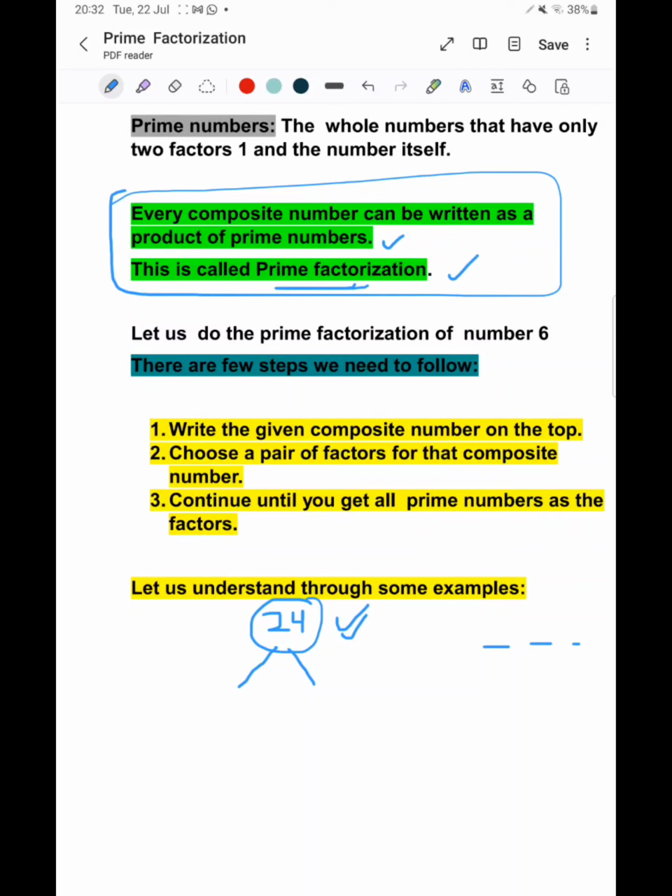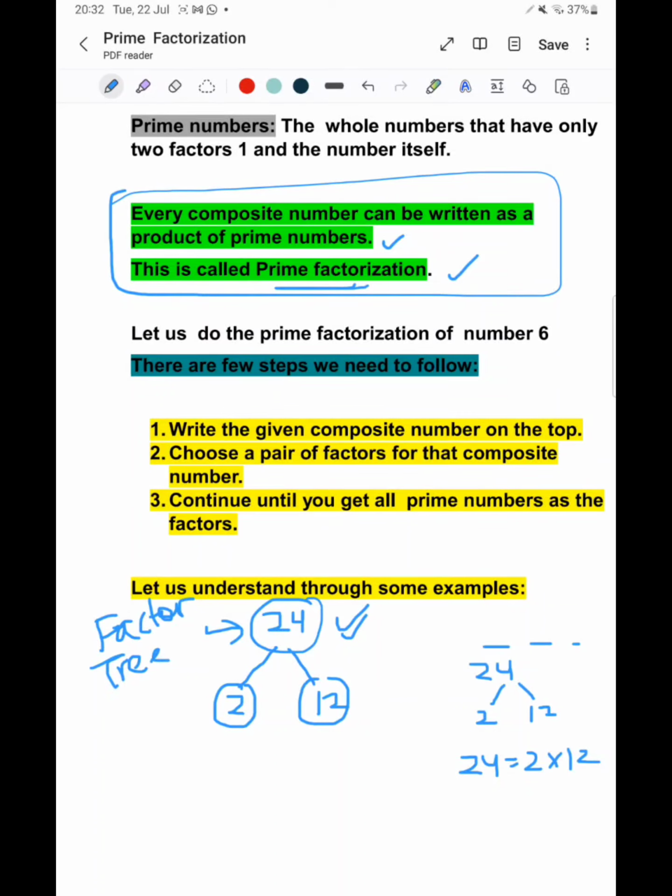Because 24 is an even number, I can choose 2 times 12. So 24 is written as 2 times 12. This is called a factor tree.